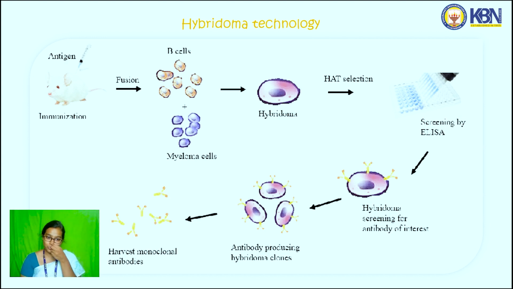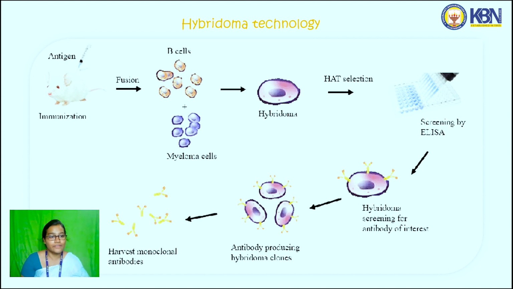So for these two, what we'll do first is immunize. In the first step, we will immunize a rat with a certain antigen for which we want the antibody. If we want a monoclonal antibody for COVID-19, we will immunize the rat with COVID-19. If we want a malarial antibody, we will immunize the rat with the malarial parasite, malarial antigen.